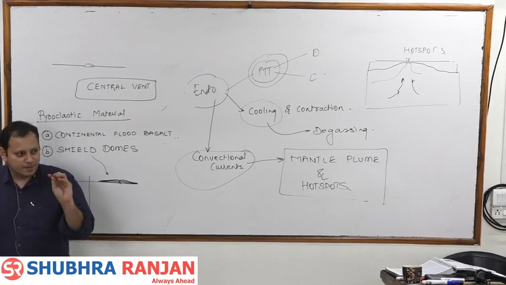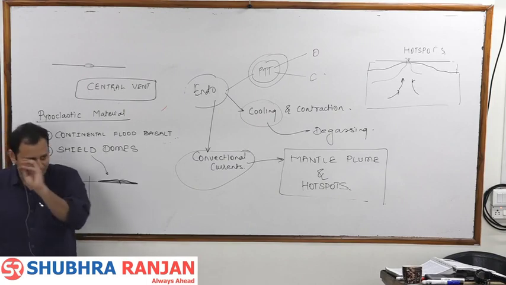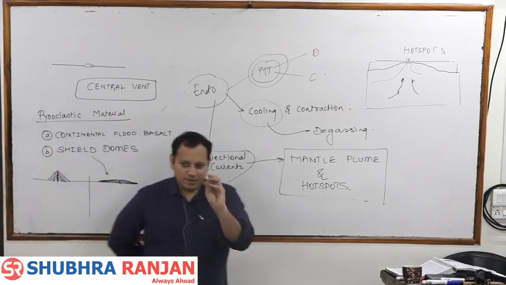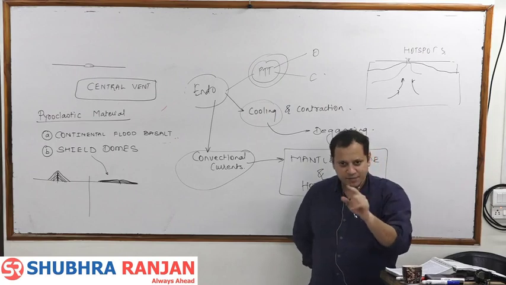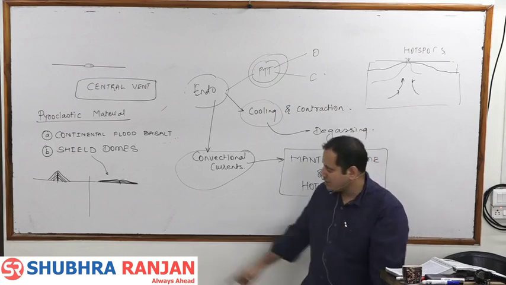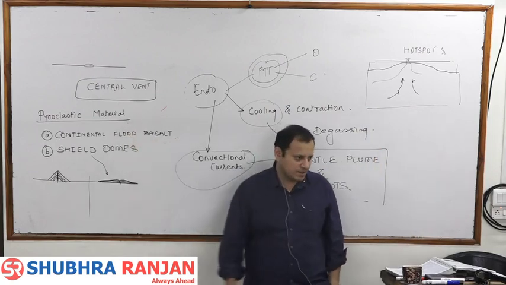Imagine करो, magma is solidifying after a shorter distance. Therefore, whenever it is erupting, it has to erupt with great force. So with great force, it will break the rocks. Such broken rocks are known as pyroclastic material.